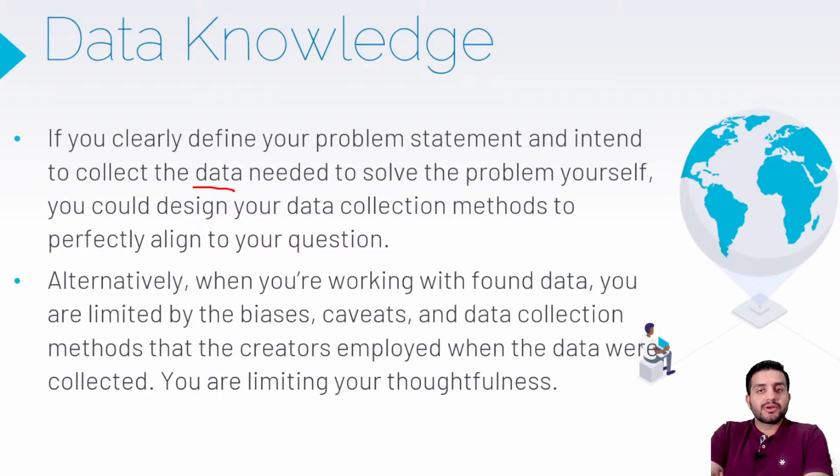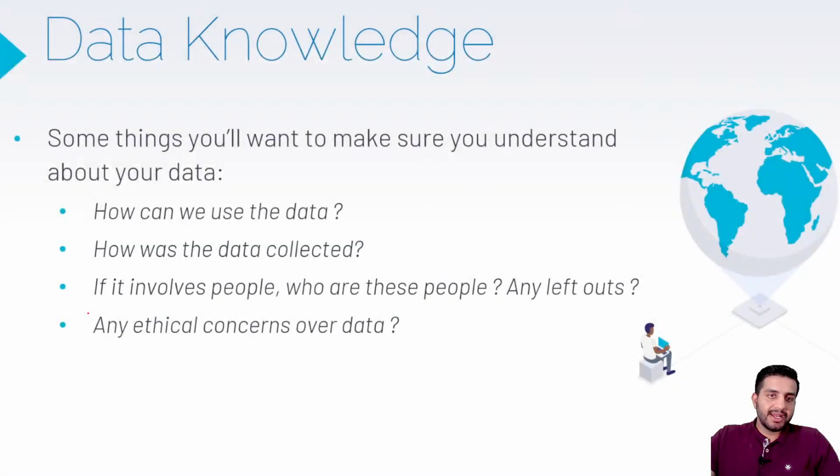Based on their own requirement, they might have collected the information and might have missed out some additional information which might be useful for you, right? So both approaches have their own pros and cons, which we have to keep in mind. But some things you will always want to make sure of while understanding your data. First, how can we use the data?